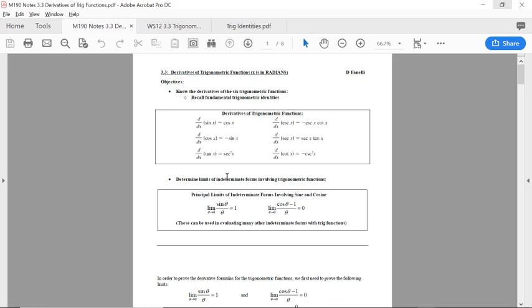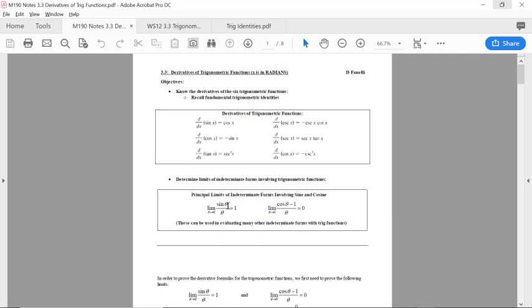Some of the limits that we'll be looking at are based off of these 2 indeterminate form limits right here. Notice that if we try to just plug in theta is equal to 0 into this ratio, sine theta over theta, we would get the sine of 0 over 0, which is equal to 0 over 0 in indeterminate form. Well, that limit, it turns out, is equal to 1, and we'll show here a geometric proof in these notes for why this limit has to equal 1.